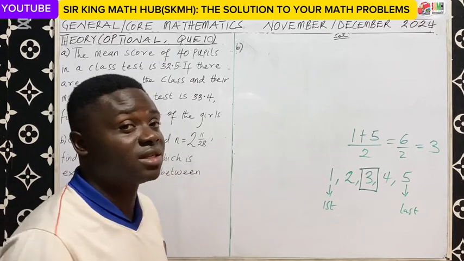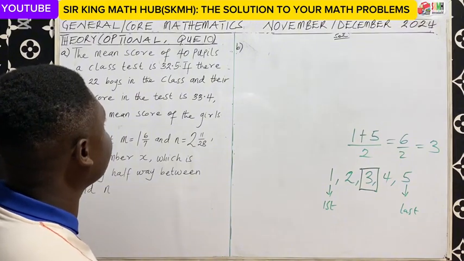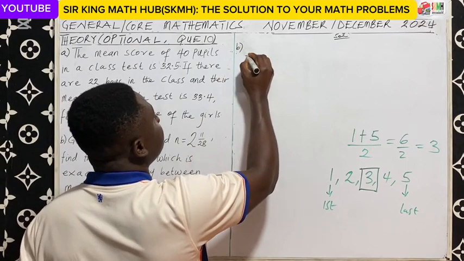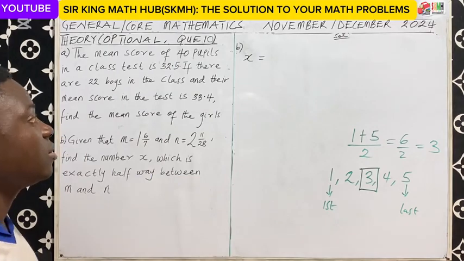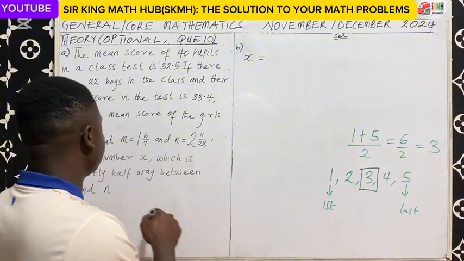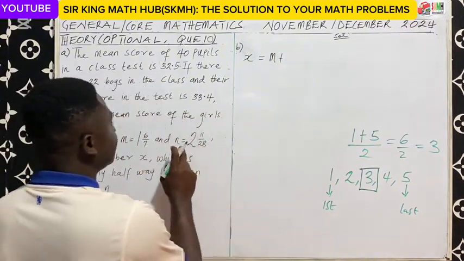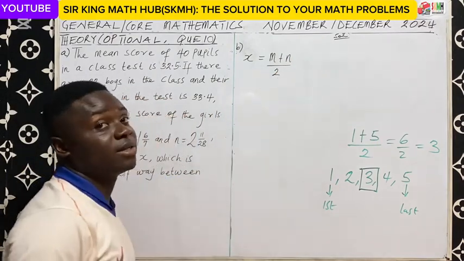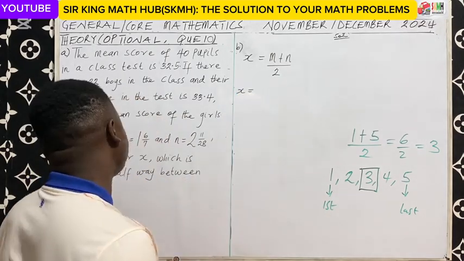So we can transfer the same idea here. Now, with this particular question, the middle number should be X. And as we have seen right now, to find the middle number, we need to sum up the first number, M, plus the last number, N. Then we divide everything by 2. So X is equal to, what is M?